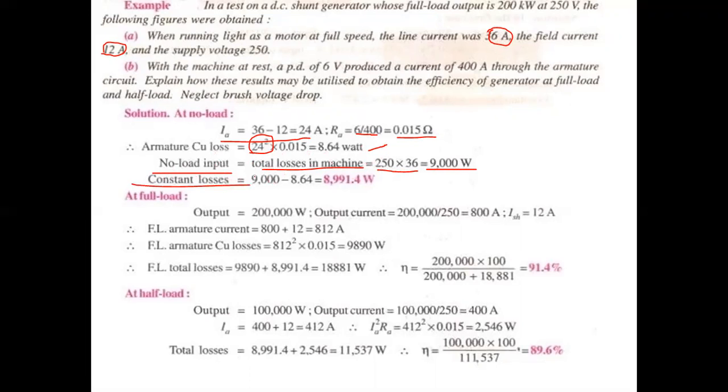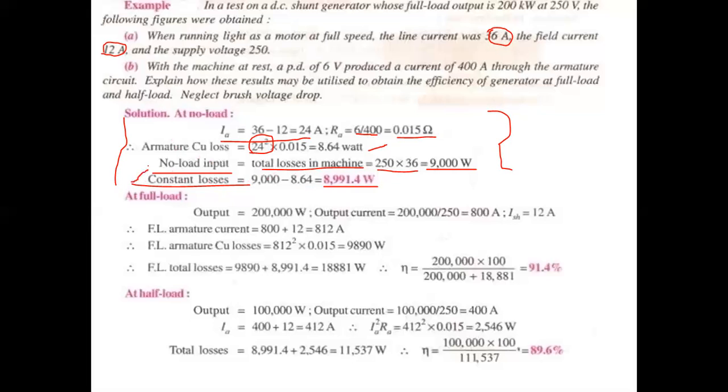Wc is equal to 9000 minus 8.64. This is not 800 or 8000, this is only 8.64, approximately 9 watts of power. Then the constant losses are equal to 8991.4 watts.